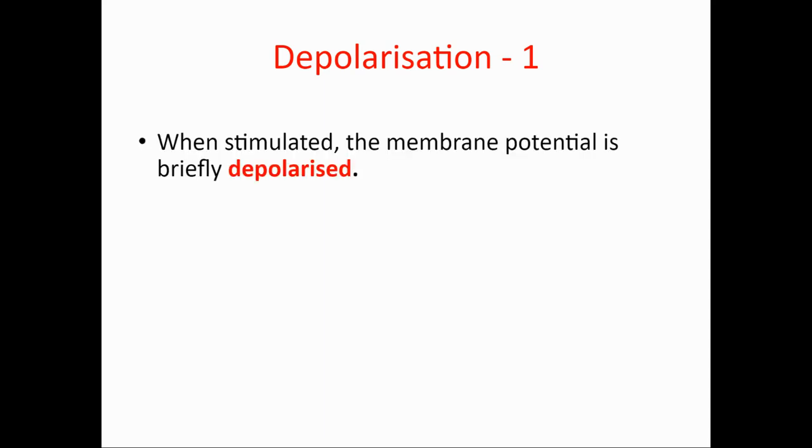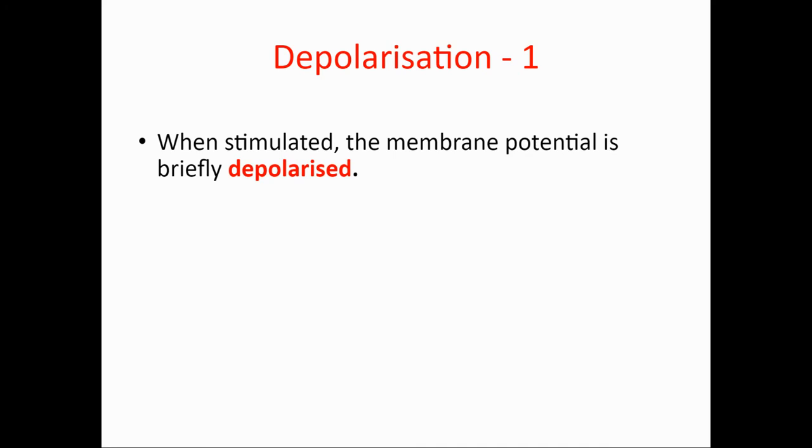So this first step is called depolarization. When stimulated, the membrane potential is briefly depolarized. Remember, in resting potential, it's minus 70 millivolts inside the axon, and it's more positive on the outside because all the sodium ions have built up, and they're staying there because the membrane acts as a barrier, doesn't it?